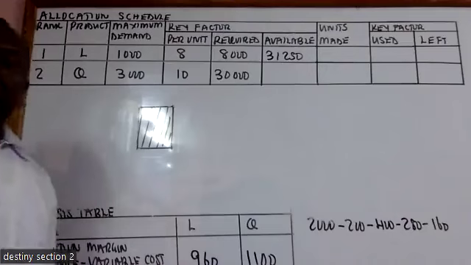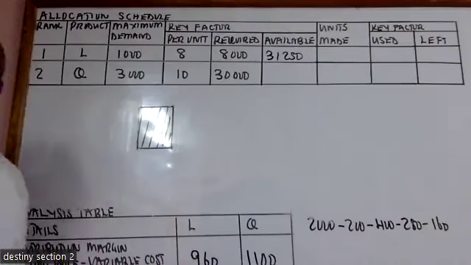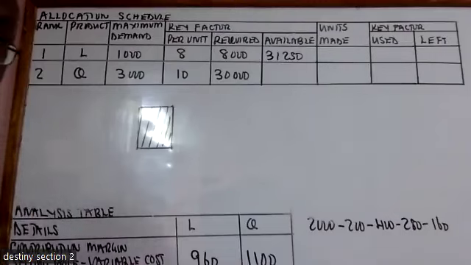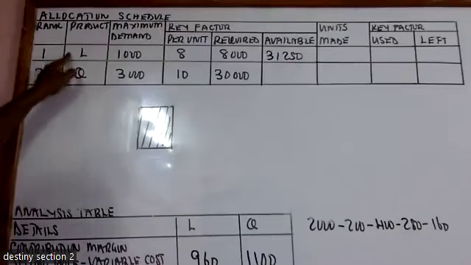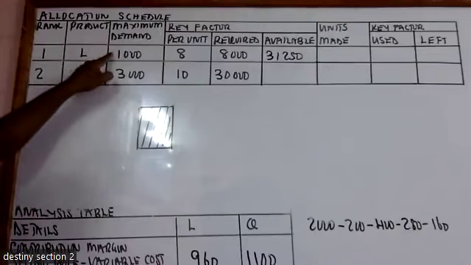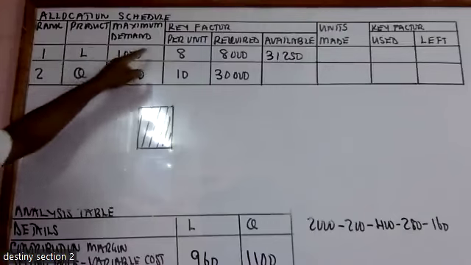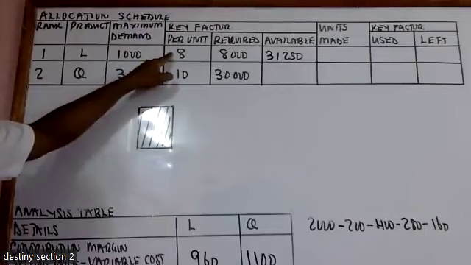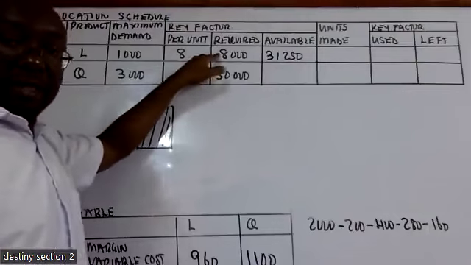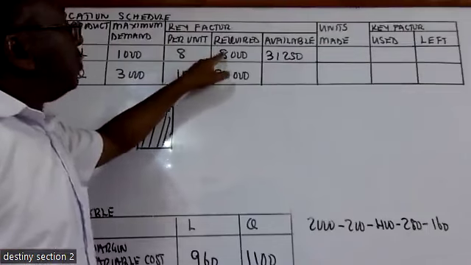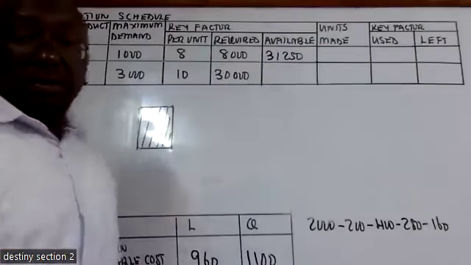Good. I can see we are there now. So what we are going to do, you argue like this. We want to make product 1, which is L, 1,000 units, each taking us 8 liters. And that means we require a total of 8,000 liters. And with us, we have that 250 liters.